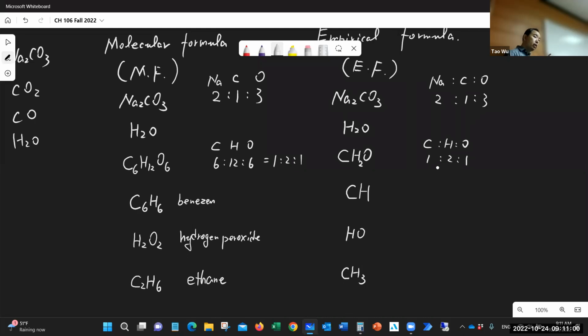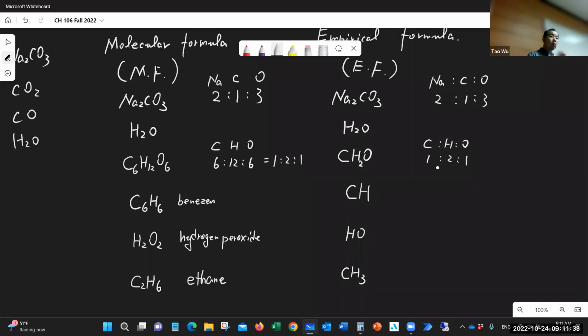So if you look carefully, you will realize the similarity between the molecular formula and the empirical formula is that they have the same ratio between the numbers of atoms of each of the elements. The ratio is the same, although it's not exactly the same number, but the ratio between the elements should be exactly the same for the molecular formula and the empirical formula. Does that make sense?